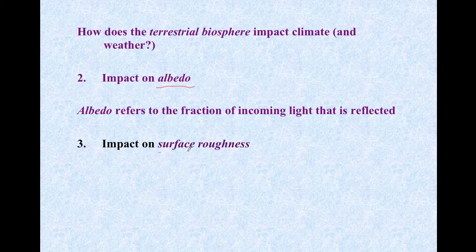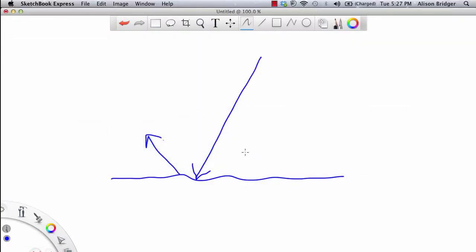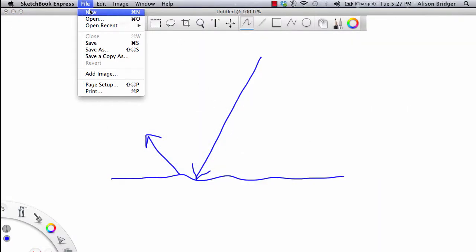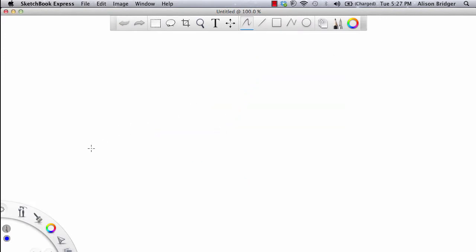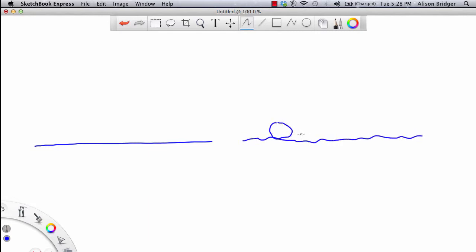Roughness we care about if we are interested in predicting wind speeds, which, guess what, we are. Let's have another quick diagram here. Suppose you have a surface which is very smooth, versus a surface which is rougher and maybe even has a few rocks and boulders and bushes and trees and shrubs.